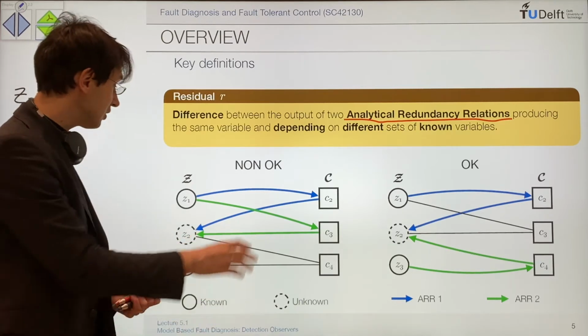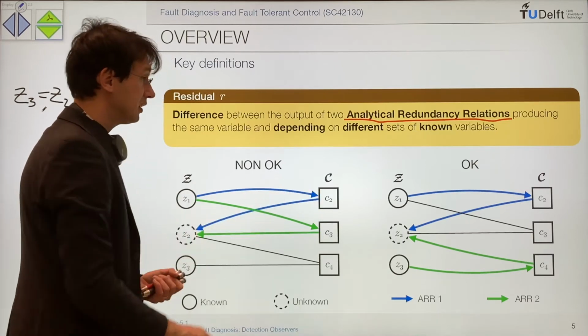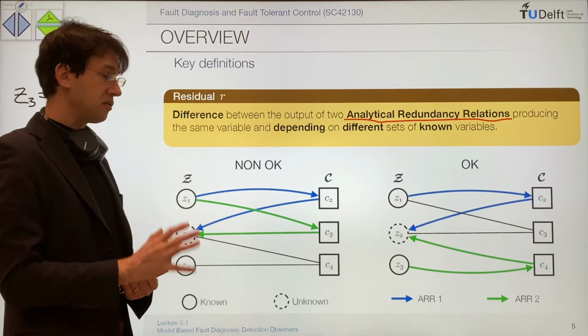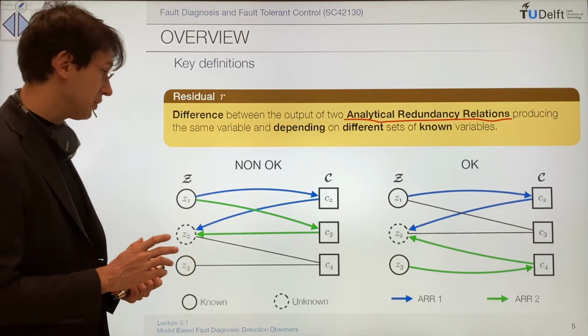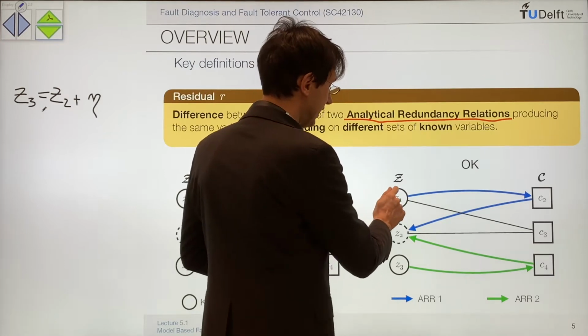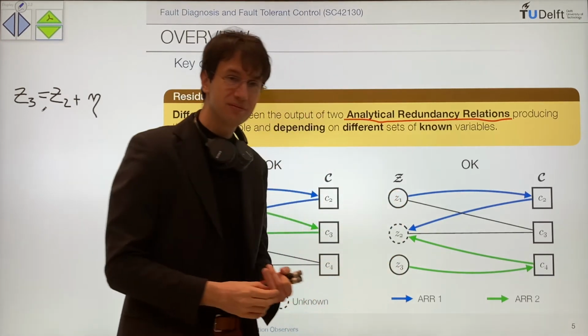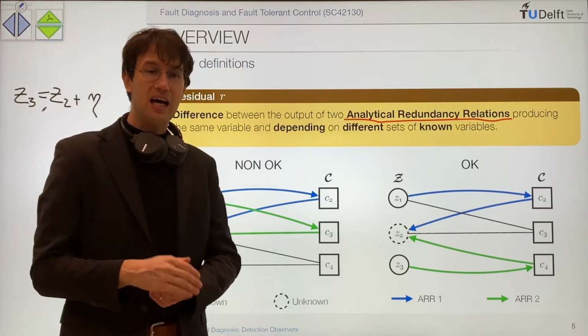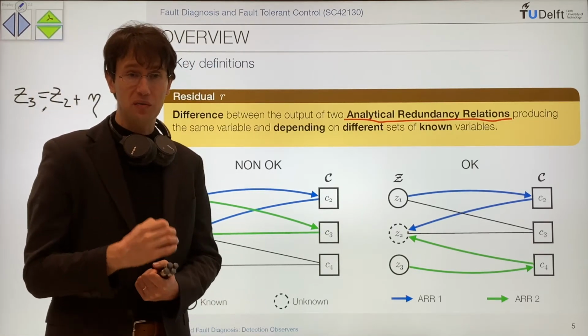But actually, not all the different analytical redundancy relations that we can find are useful. The ones that are useful are the ones where I compute the same thing in two different ways using two different sets of known variables. And this is the key thing, because I need known variables to actually compute this.